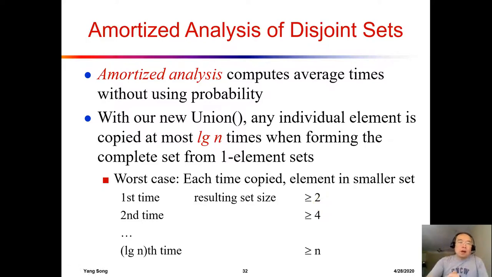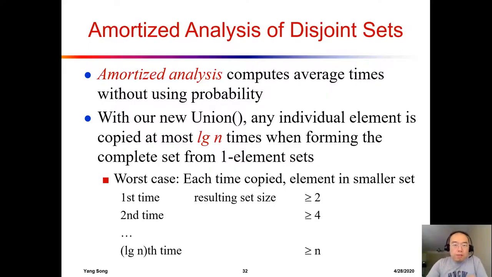So after the first copying, this item is in a set with at least two items. How about if this item is copied again? Then we are copying it to an even larger set, so the destination set has to have at least four items.